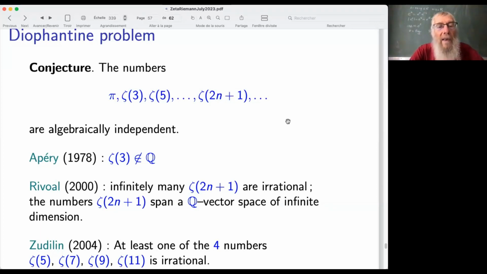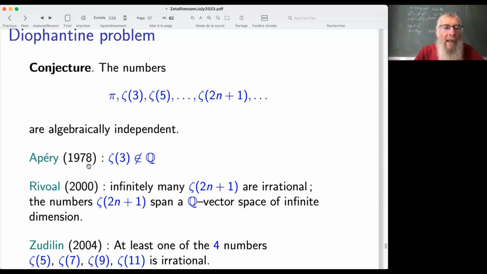For example, zeta of 3 minus p over q should never be 0. And zeta of 2n plus 1 should be an irrational number, and even a transcendental number. So this is the conjecture. But we are very far from proving it.